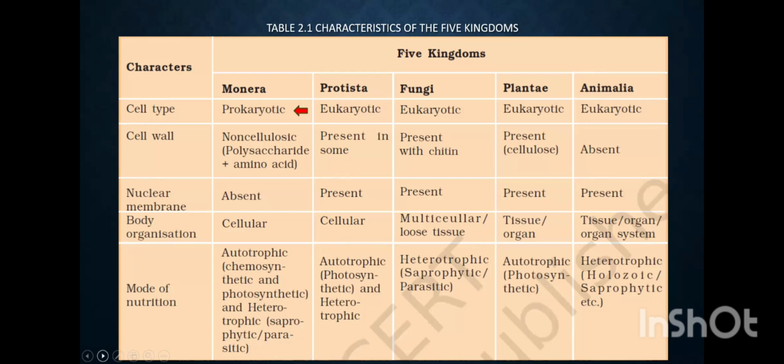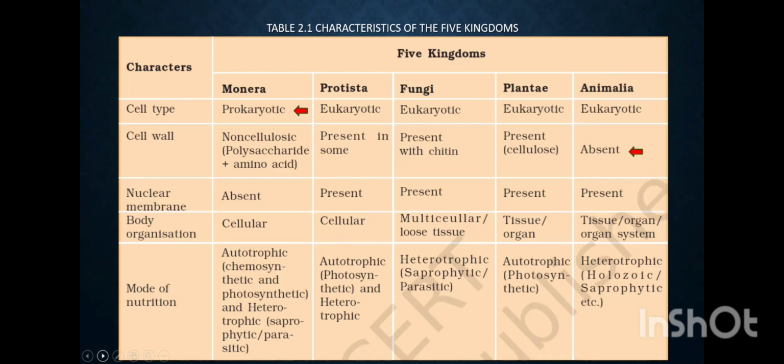In case of cell type, only Monera has prokaryotic cells. The rest of all the kingdoms have eukaryotic cells. As far as the cell wall is concerned, it is completely absent in Animalia and is present in different forms in Monera, Protista, fungi, and Plantae.